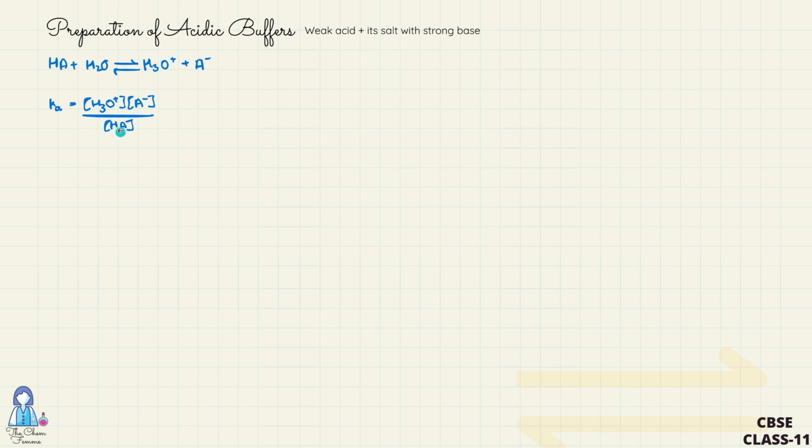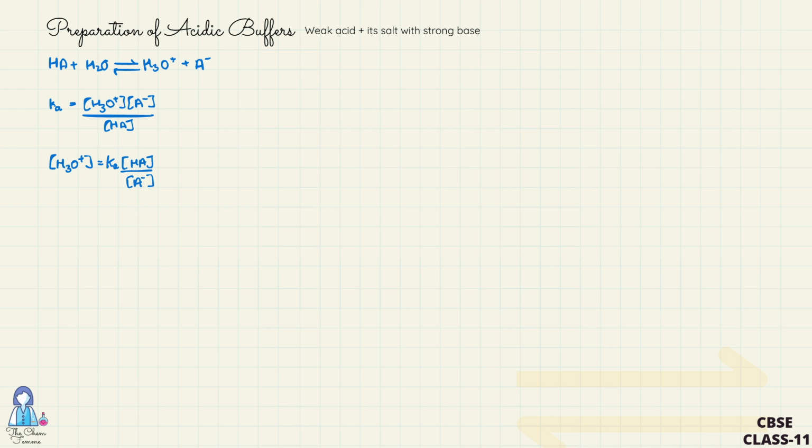And the concentration of HA, that is, HA is the weak acid. Now, I've written this down and I'm just copy pasting it onto the presentation, which is why it's taking me a second. When we rearrange this equation, we bring this to the denominator and HA to the numerator, and then we switch sides. So you get this equation: the concentration of H3O plus equals Ka times the concentration of HA divided by the concentration of A minus.